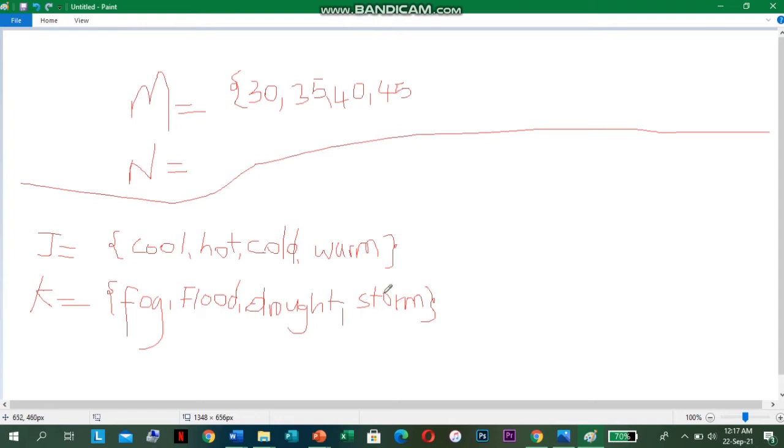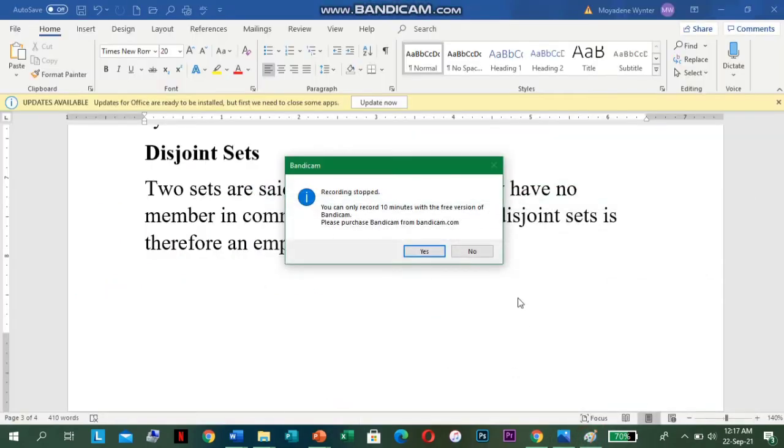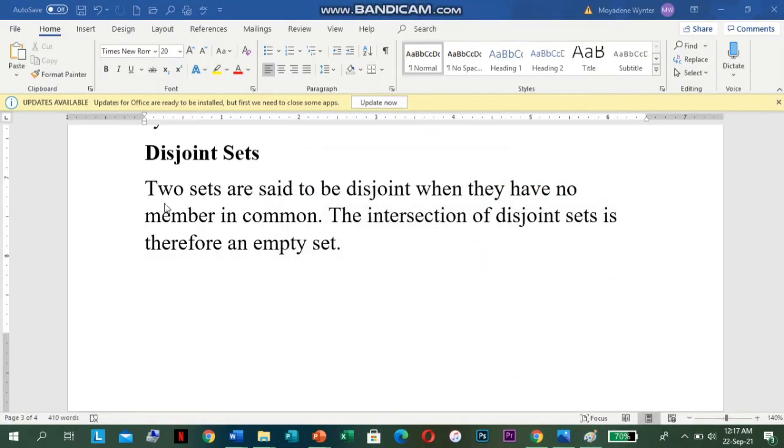Therefore it is an empty set, because the definition says that two sets are said to be disjoint when they have no member in common, and you see that they have no member in common there. Sets J and K don't have anything in common, and the intersection of disjoint sets is therefore an empty set.